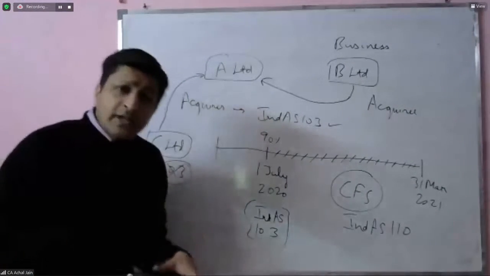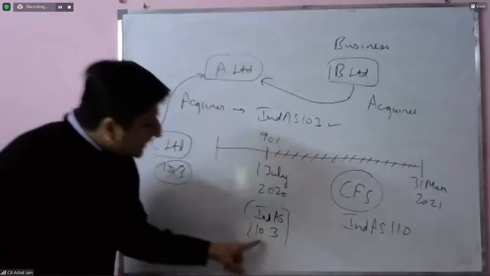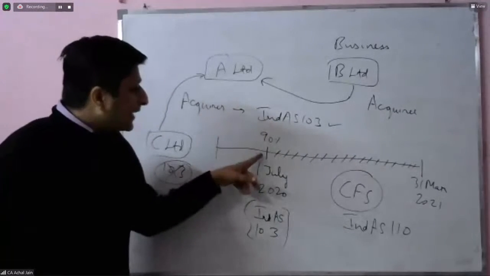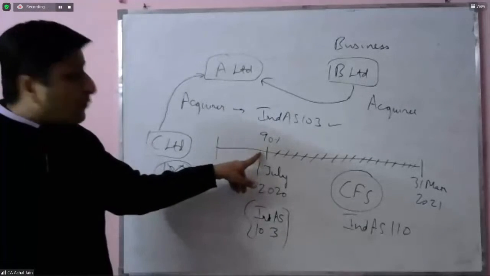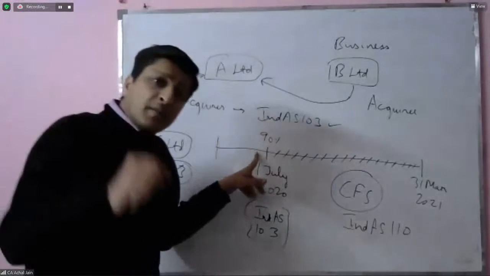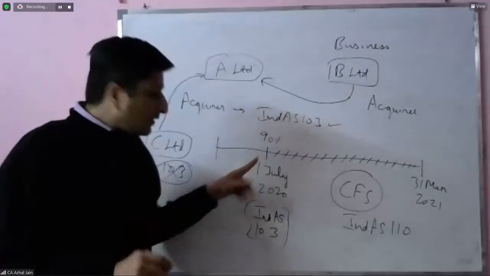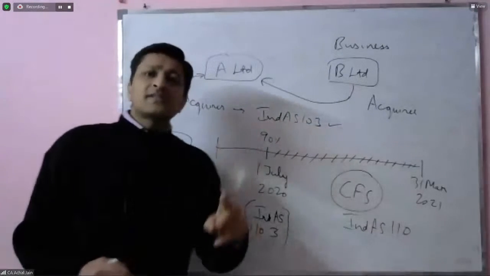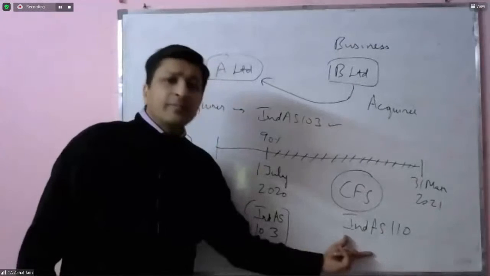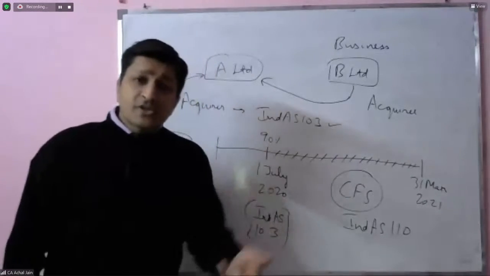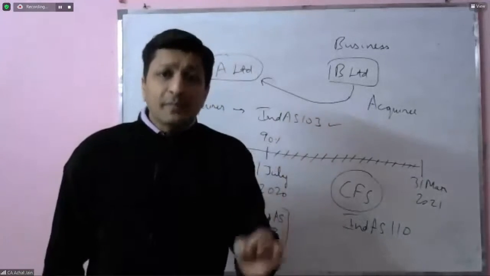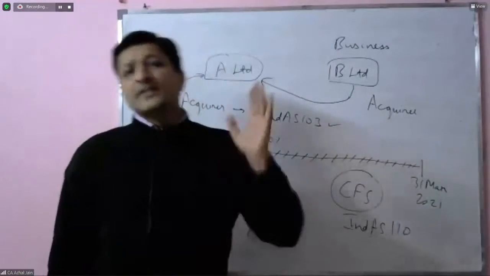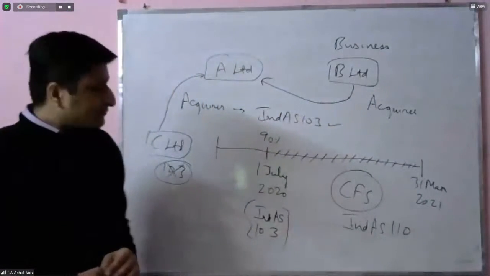Okay, now are you clear on this point? That Ind AS 103 accounting will be done on the date of acquisition. And starting from this date, what will start applying on the acquirer? On the acquirer, an additional standard will apply. That will be Ind AS 110, for which the acquirer will have to prepare consolidated financial statements.